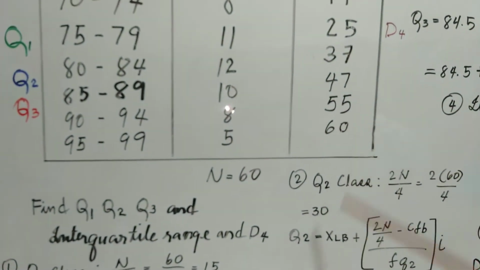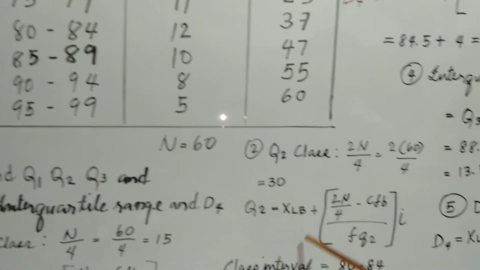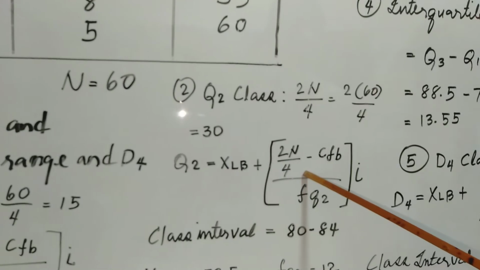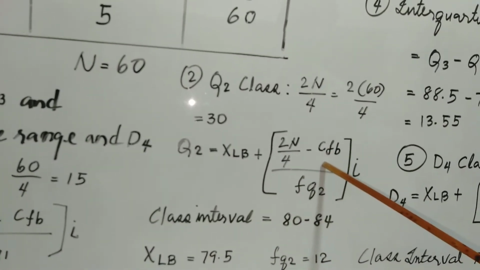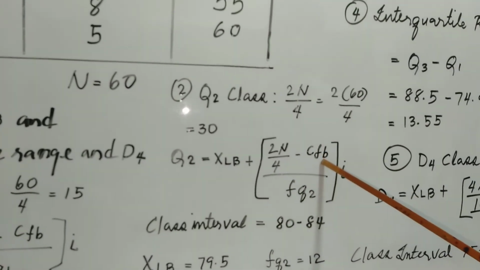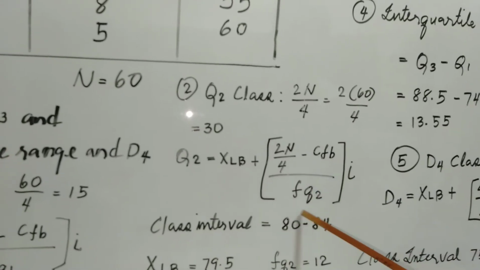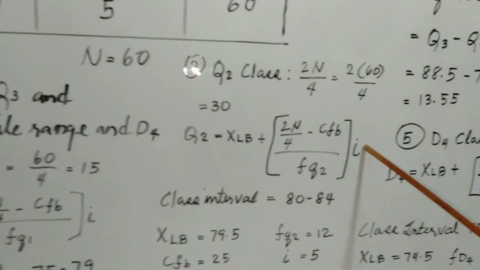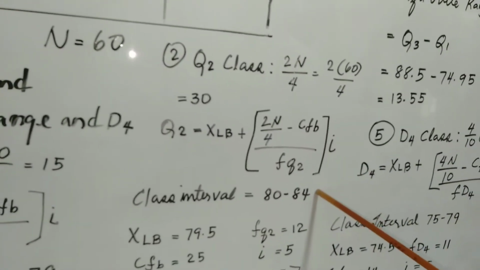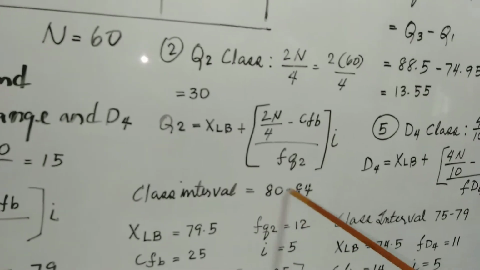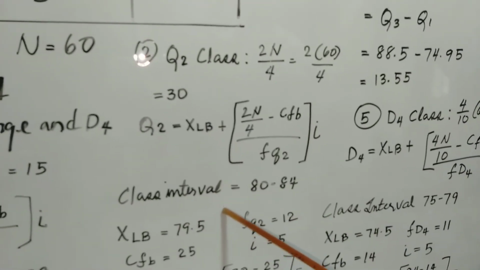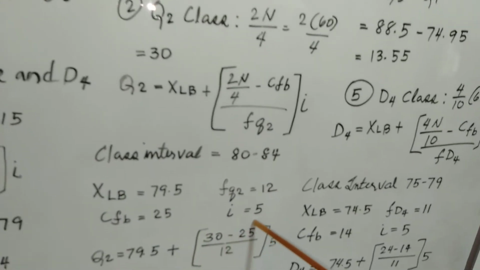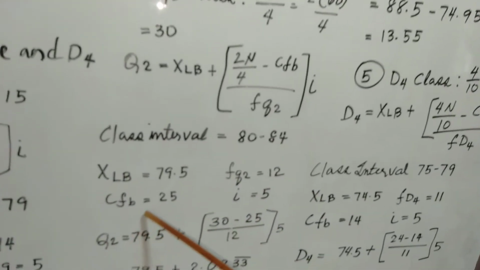Again, we're going to use this formula, XLB plus the second quartile class minus CFB, the lower bound of the cumulative frequency, all over the frequency for the second quartile times the index. Since we have found 80 to 84 to be the class interval for the second quartile, we're going to substitute the values into our formula.